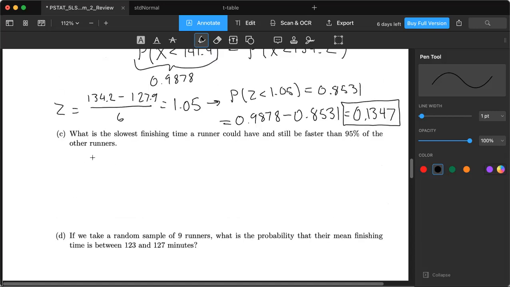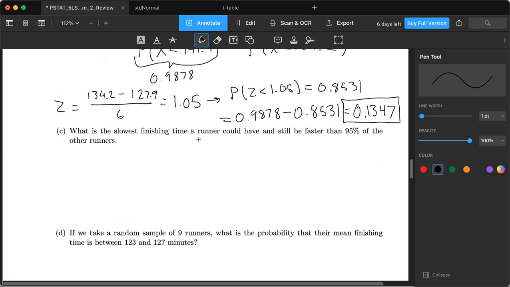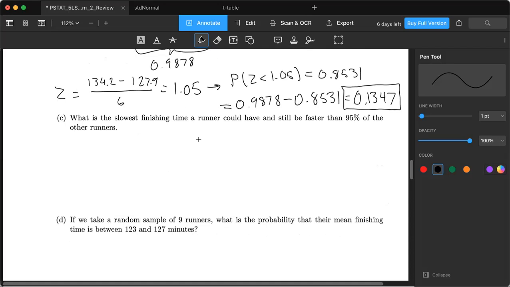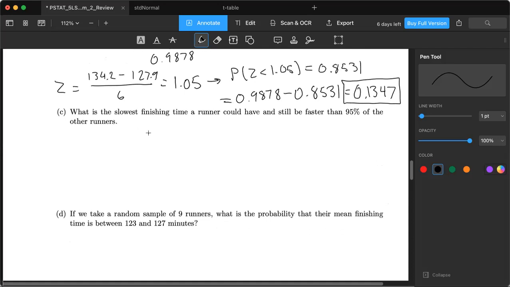And what is the slowest finishing time a runner could have and still be faster than 95% of other runners? So we want to find some value, little x, such that this probability is equal to 0.95. Essentially, we're finding the 95th percentile, so P95.